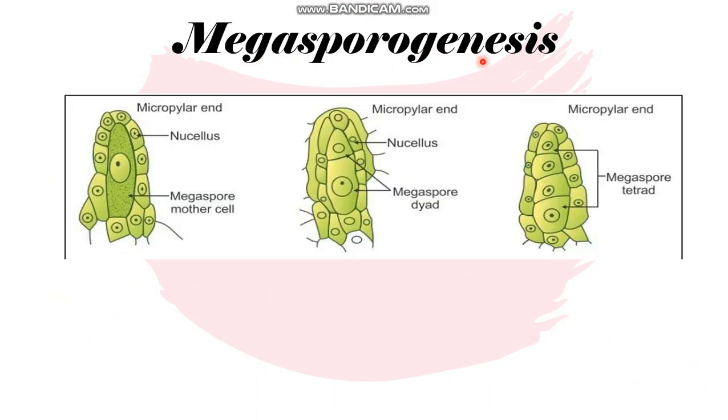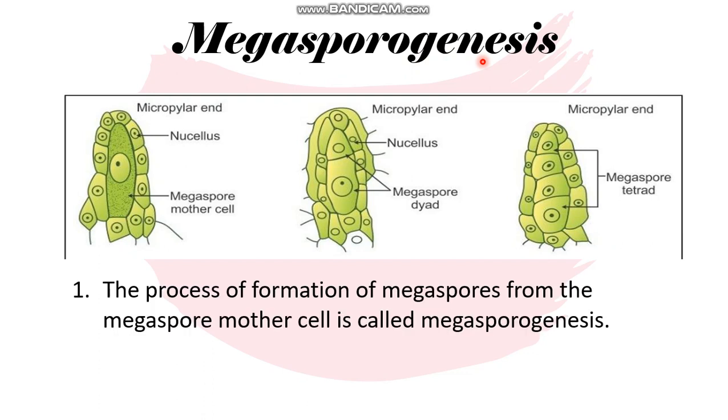Now, how are the megaspores formed in the nucellus? The process of formation of megaspore is known as megasporogenesis. Megaspores are formed from the megaspore mother cell. This diagram is given in your textbook.